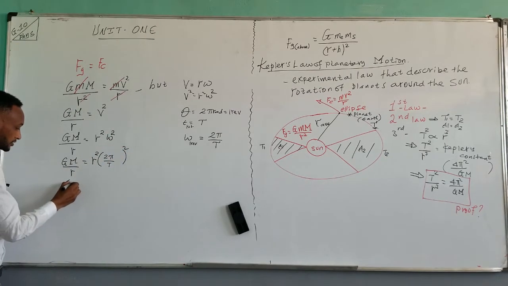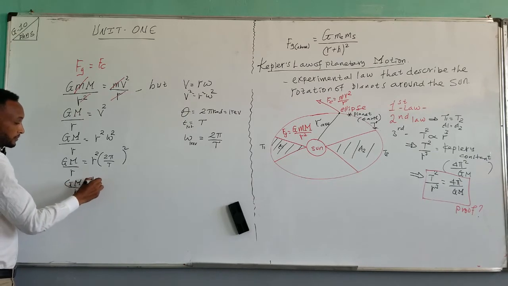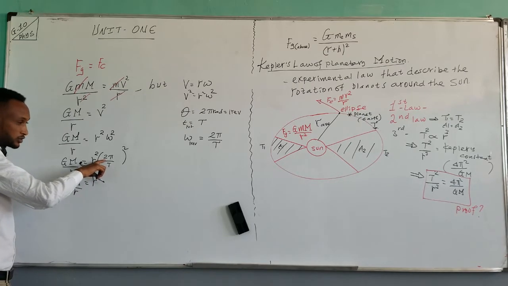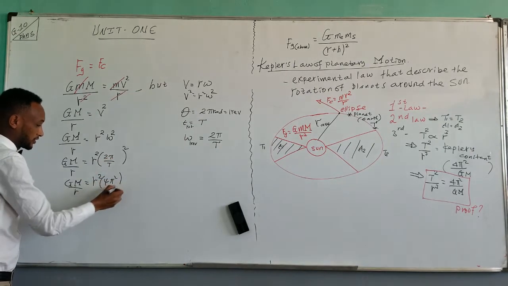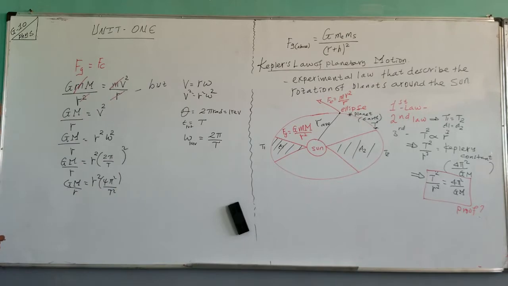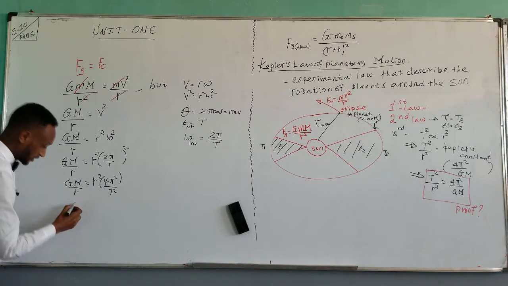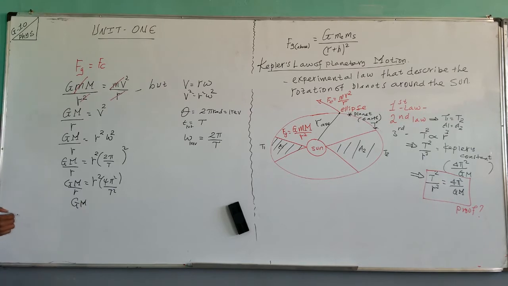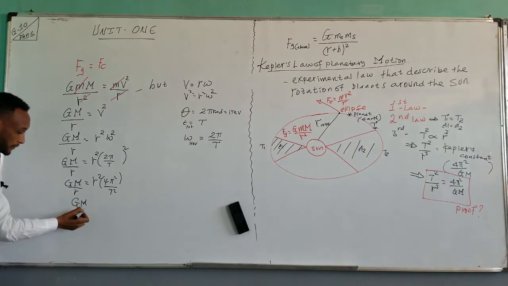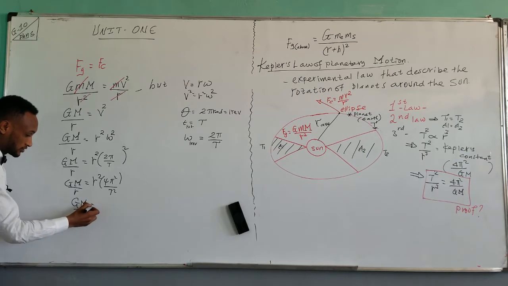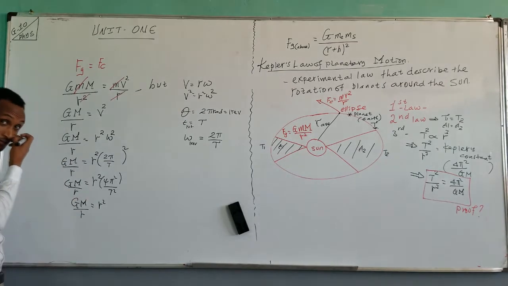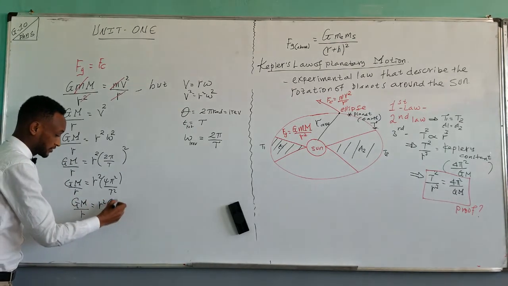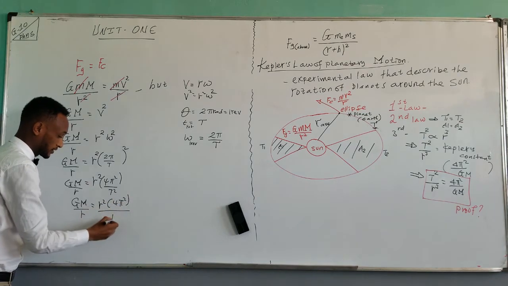You get that G times the mass of the sun over the distance is equal to the radius scale, or the distance scale, times 4 pi squared over time squared.